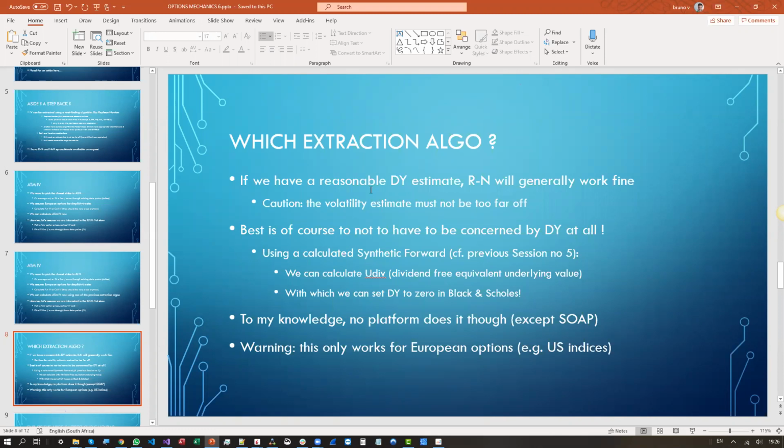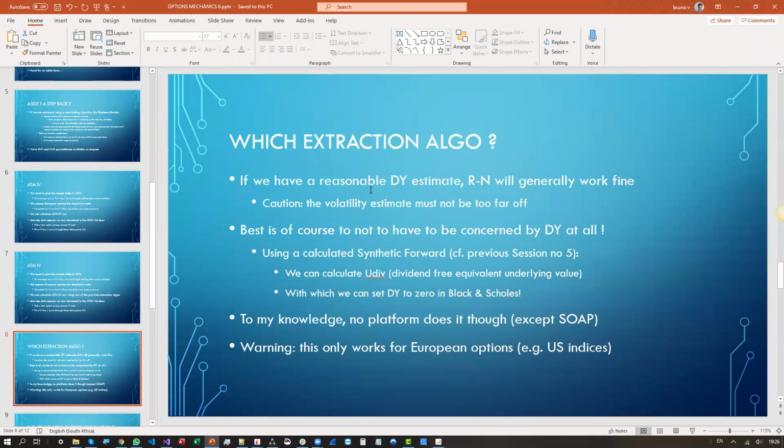So with this, the synthetic can be calculated, and I invite you to go back to the previous session. You can calculate something that Steve calls the UDIV, which is the underlying dividend-free equivalent underlying value.